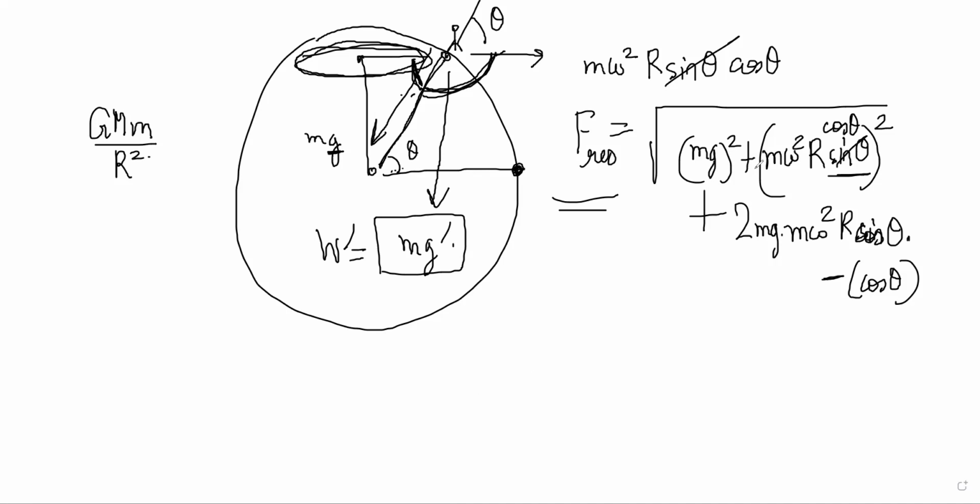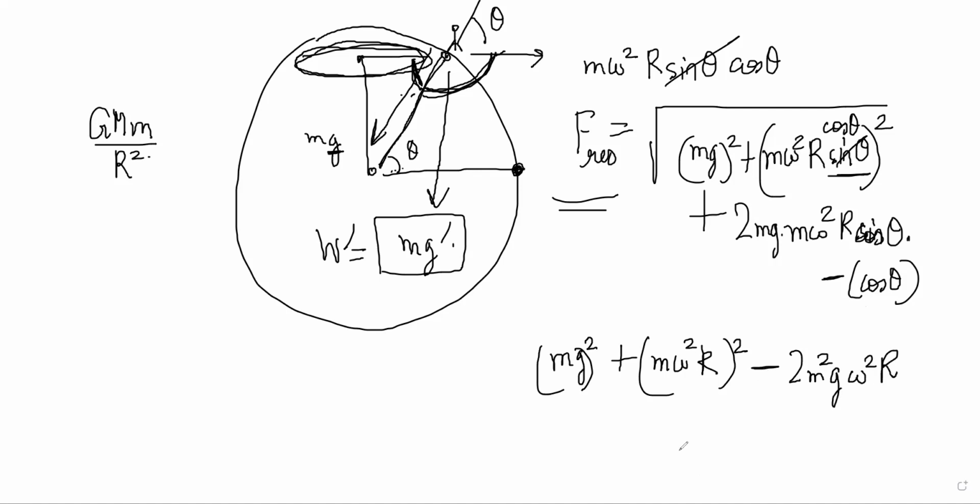So at the equator, it becomes (mg) square plus (m omega square r) whole square minus 2 m square g omega square r, as the cos becomes 1.